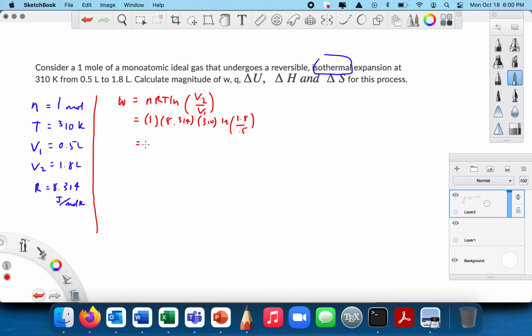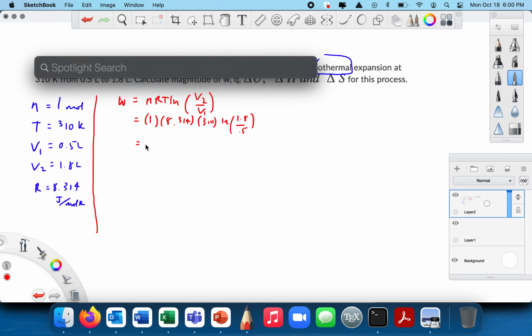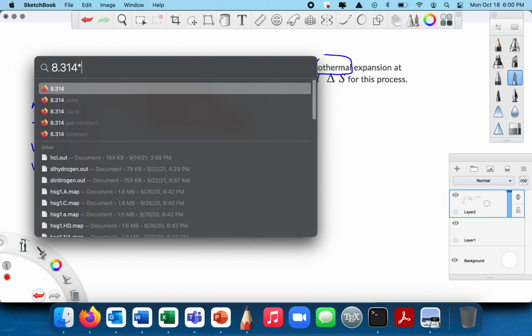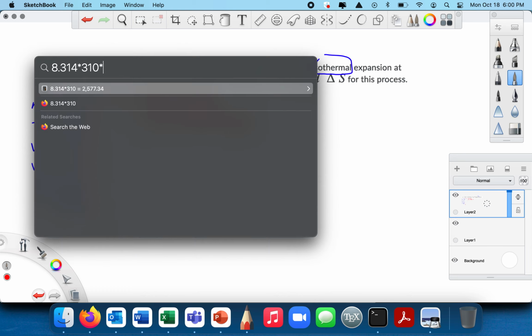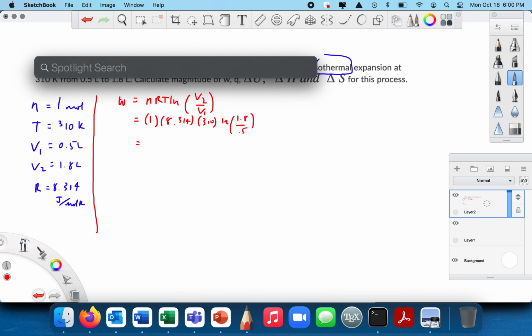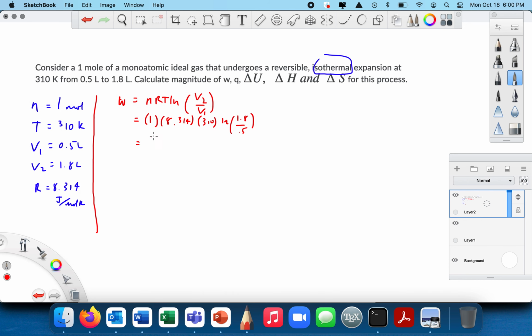So my work is going to equal 8.314 times 310 times natural log of 1.8 over 0.5, and that is 3301.